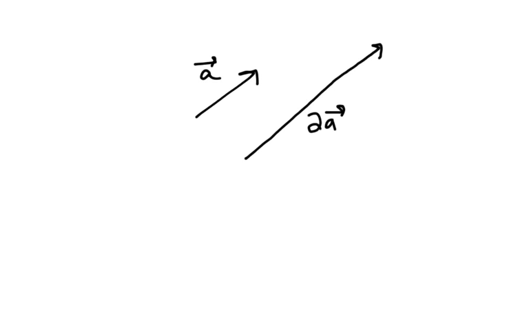When you have a vector of a certain length, if you multiply that vector by 2, it just doubles the length. If you multiply the vector by a negative, it just makes it go in the opposite direction.